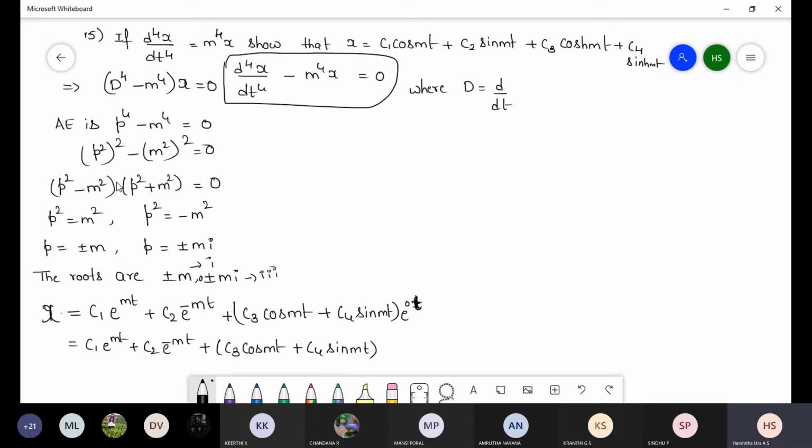Call this one as equation 1. Now let us write the RHS side here.